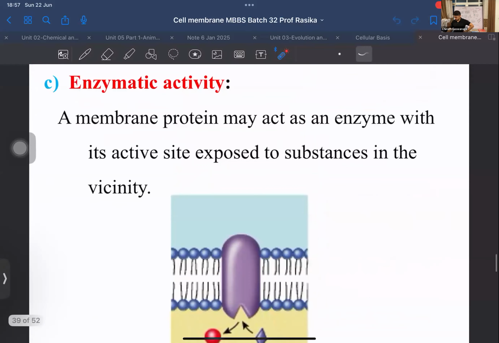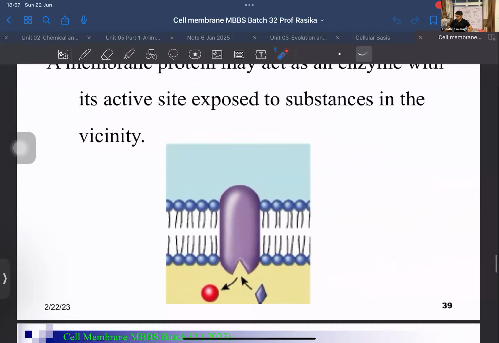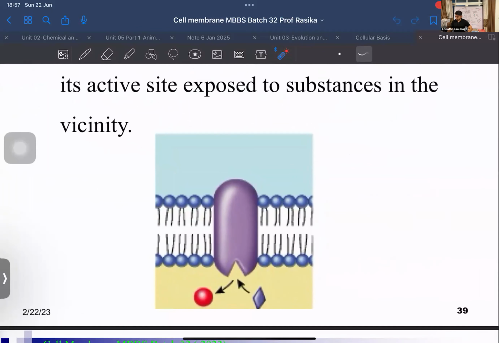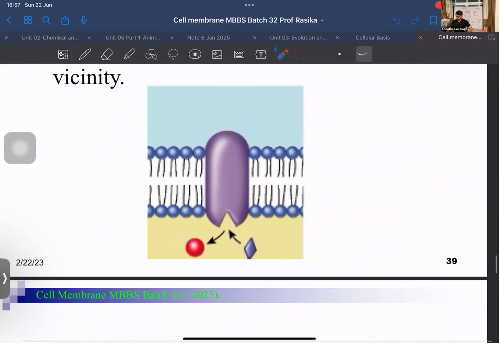Then what else? Enzymatic activity. That is the last one. Some proteins in the membrane act as enzymes. Microvilli on the epithelial cell lining of some part of the gut contain digestive enzymes. So imagine this is a cell in your digestive system. From here downward it's a big cell, right?